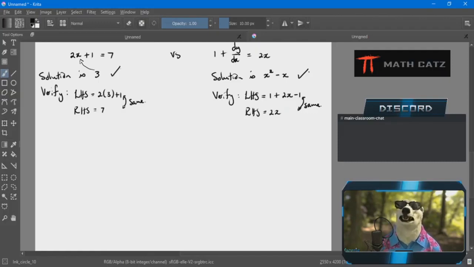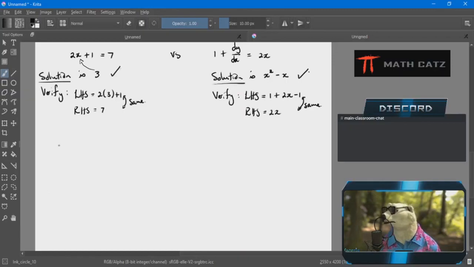So my approach to these equations is the same. But what I mean by solution is very much not the same. In a usual number equation, the solution is a number. In a differential equation, the solution is a function in the variable.